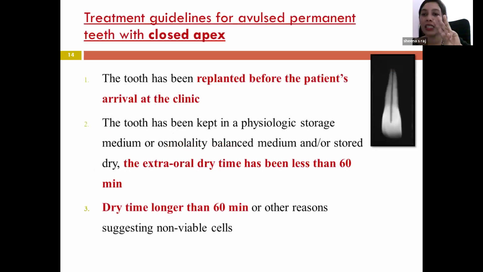Closed apex is divided into three, please keep this in mind. First, the tooth is replanted at the time of the accident and the patient arrives. Second, the extraoral period is less than 60 minutes. Third, the dry period is more than 60 minutes. This three-part classification you have to write whenever you write this question.